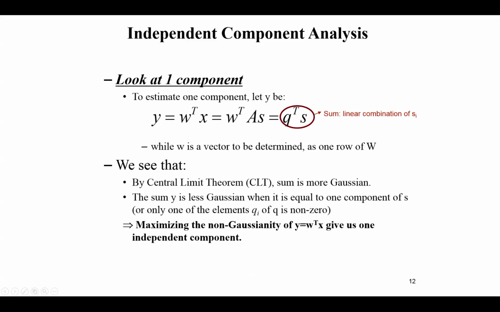So by the central limit theorem, the sum is more Gaussian. It is less Gaussian when it is equal to one component of S. So maximizing the non-Gaussianity of Y gives us one independent component.